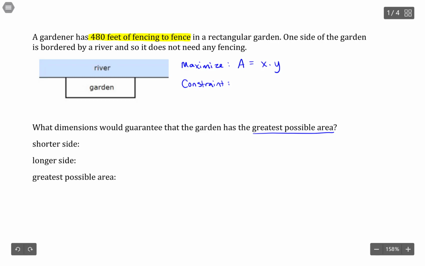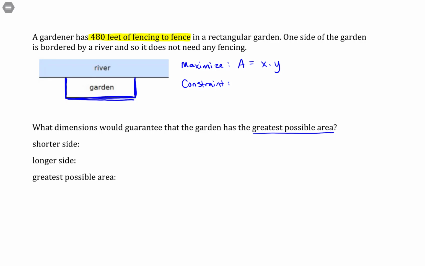Now, if that's the case, any fencing that we put up, we were told that we could do the fencing along this side and along this side and along here, but we didn't need to put any along the river because it's just not necessary. So the total of these three distances is going to be 480.